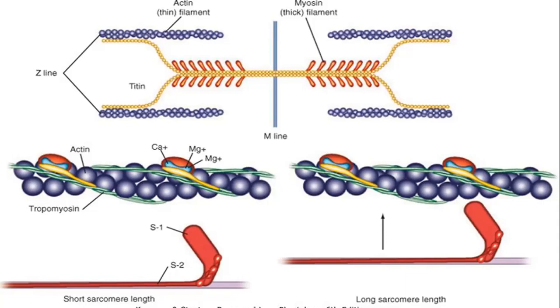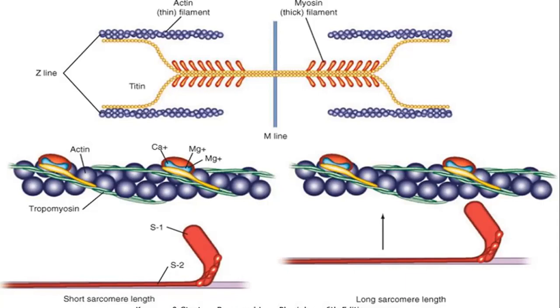In this way, the myosin moves along the active sites of the actin filament, pulling the actin filament along with it, causing a decrease in the length of the sarcomere. So, excitation followed by contraction of the muscle. Excitation contraction coupling is also known as the sliding filament theory or ratchet theory.